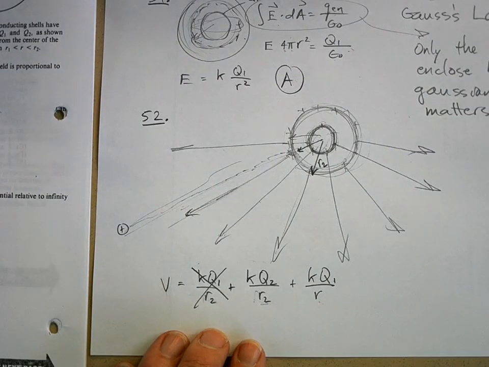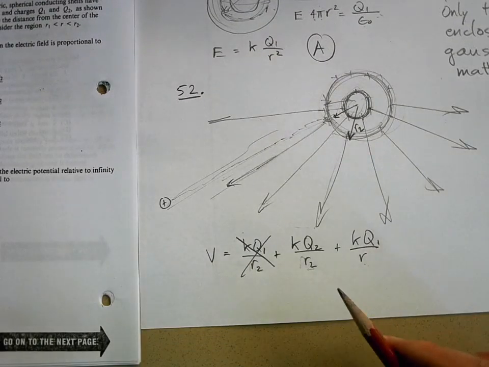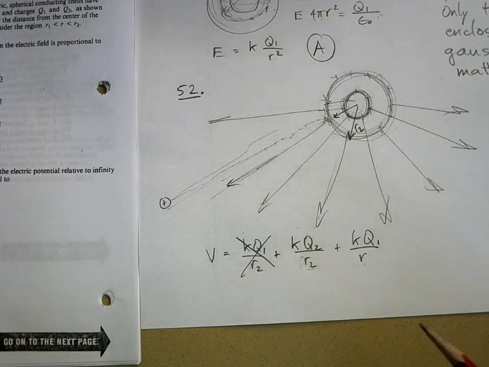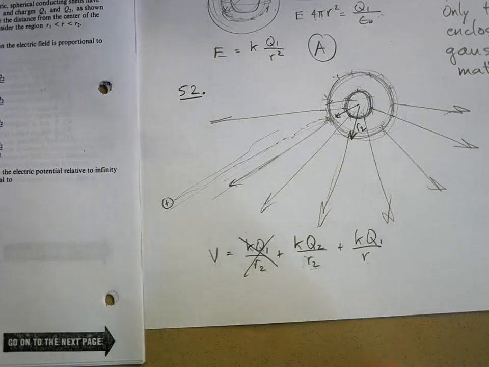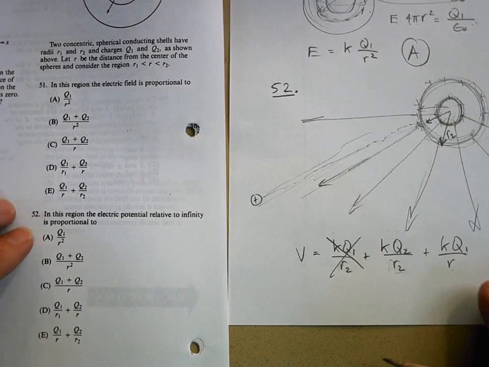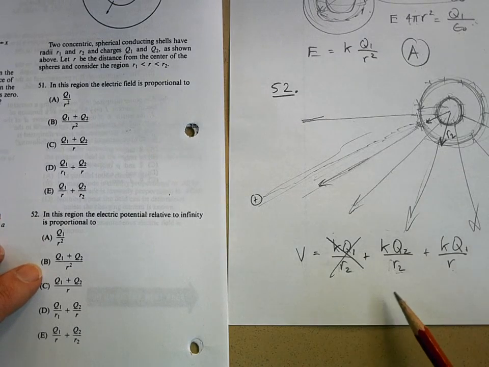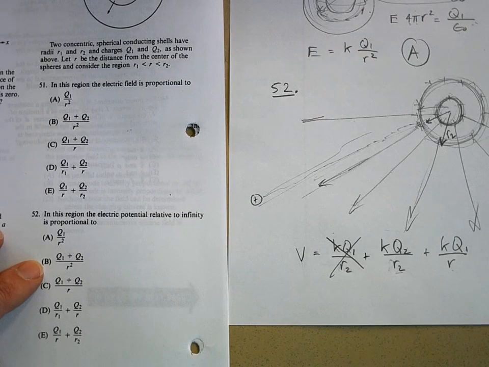And let's see, which one of these is that? We've got K. Oh, they just get rid of the K's. That's fine, because it wants it proportional to. So it's going to be Q2 over R2. Well, looking at the options here, A is just completely ridiculous. And R squared, what is with B? They're trying to get you mixed up with the electric field.